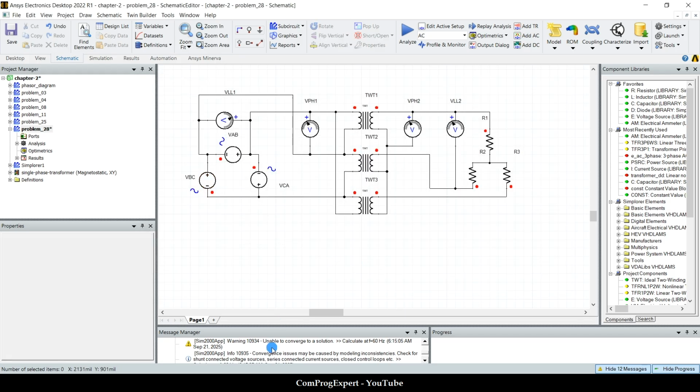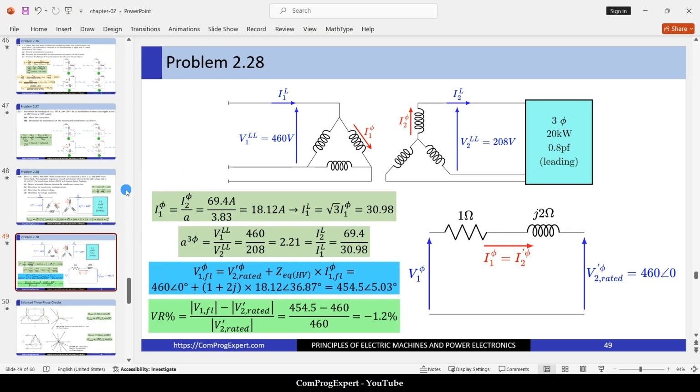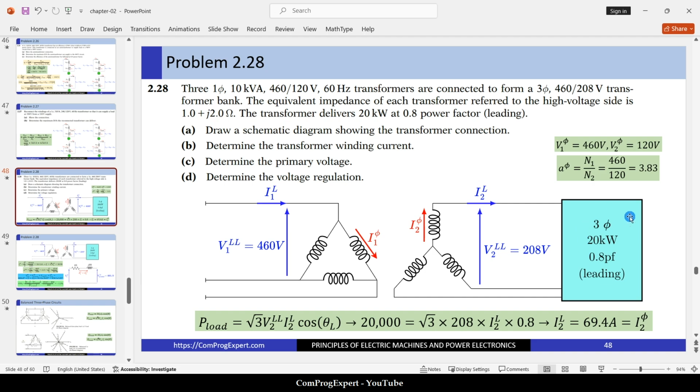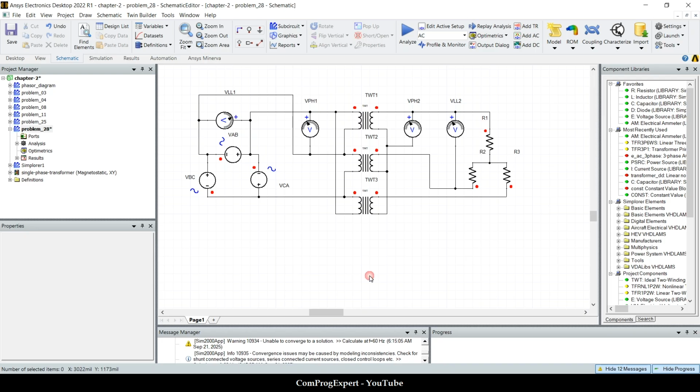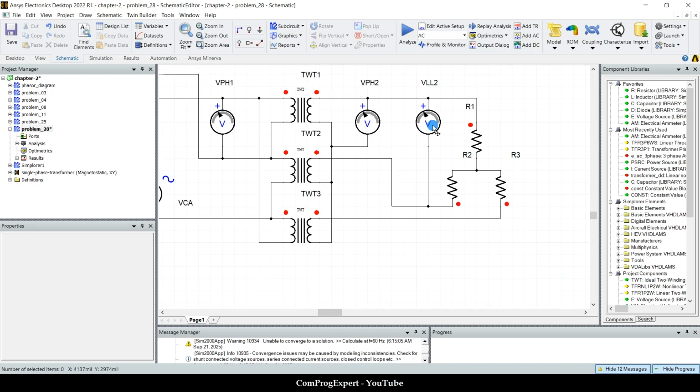Then we have this load. The active power is 20 kilowatt. The power factor is 0.8 leading. So we have a capacitive load. Okay, and here I considered this star connection.